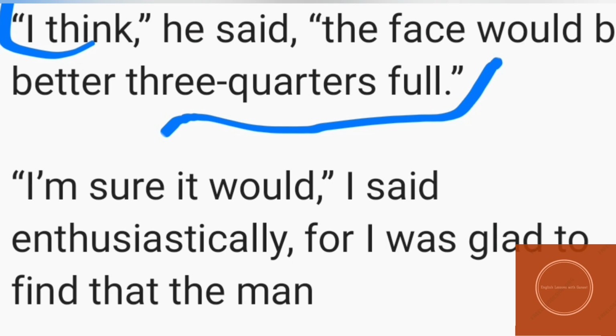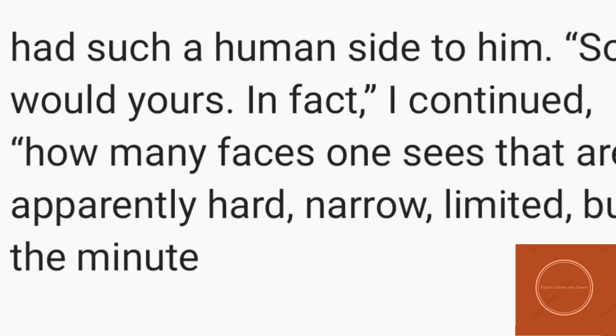On the other hand, the person can take it as an opportunity, a compliment, so that they can improve themselves. There's a difference between this person wanting to mend me and wanting to improve me. Over here, the narrator has taken it in a positive way, and he's saying, I'm sure it would, I said enthusiastically, for I was glad to find the man had such a human side to him.